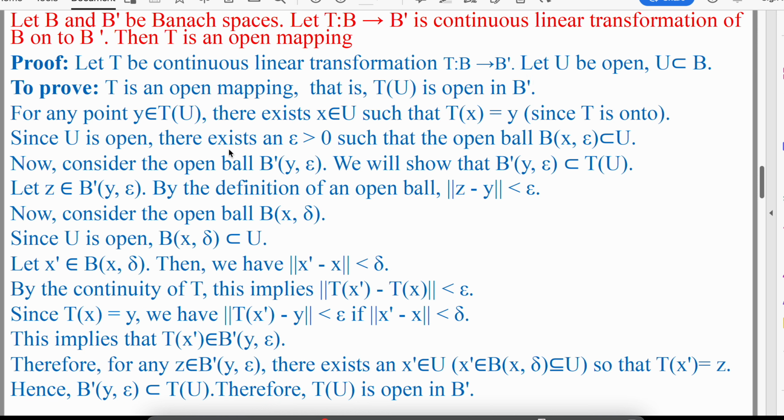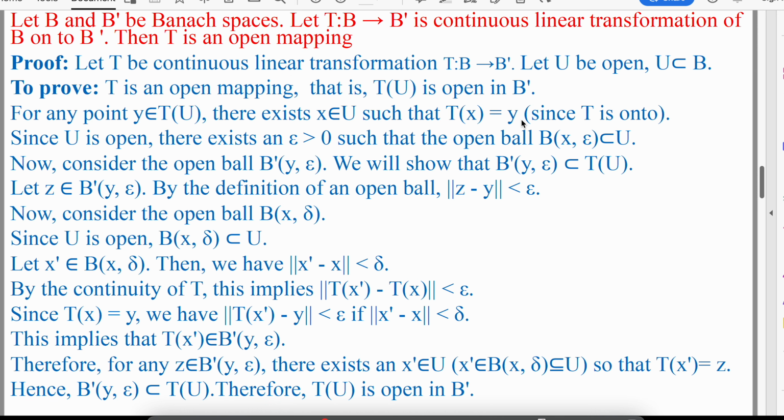Now let Y belong to TU, which is the image of the open set in B. So there exists X belonging to U such that Tx is equal to Y, because it is given to us that T is onto.